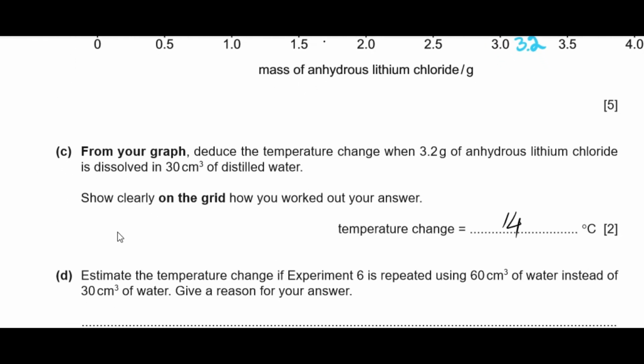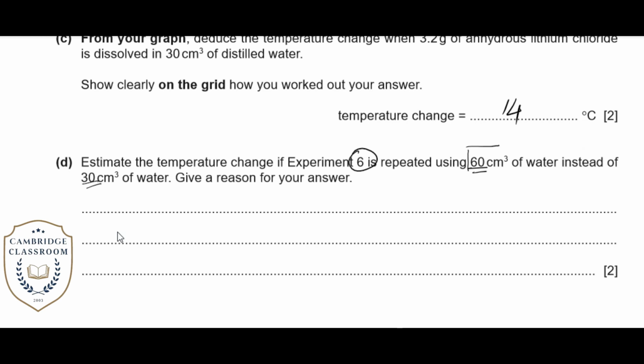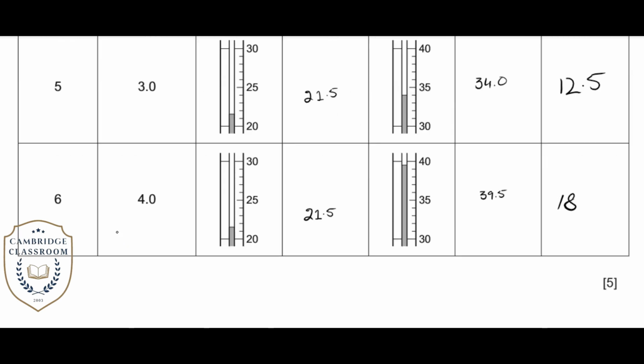That would be the answer for the first part of the question. Then in the next part we need to estimate the temperature change if experiment 6 is repeated using 60 cubic centimeter of water instead of 30 cubic centimeter of water, and we also need to give a reason for the answer. When we used 30 cubic centimeter of water, the temperature change was 18.